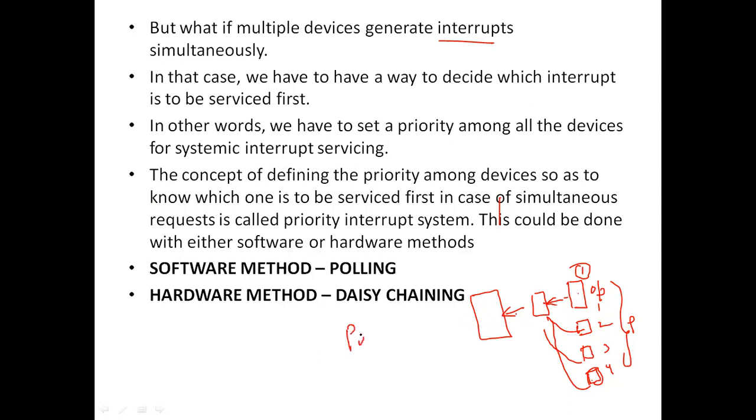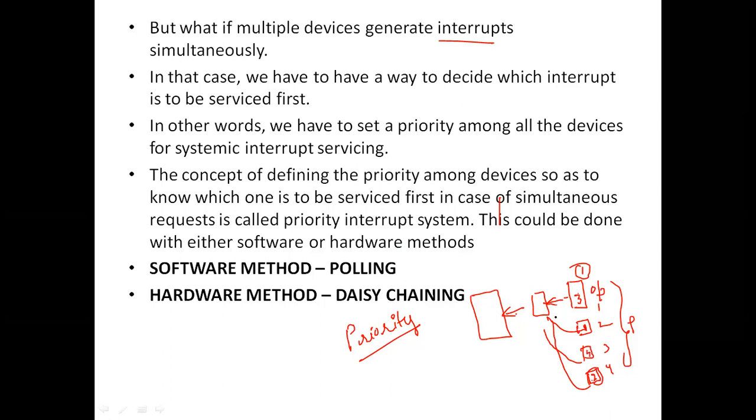This is going to be decided by the concept of priority. Based on the concept of priority, we'll give a chance to the particular peripheral. Suppose the second peripheral has the highest priority and the fourth peripheral has the second highest, the first peripheral has the third highest, and the third peripheral has the fourth priority.